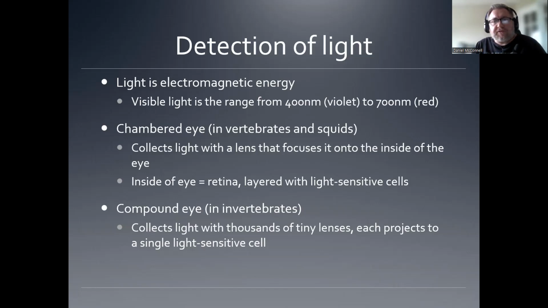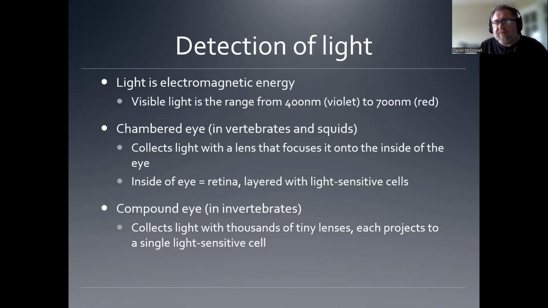Nature has, of course, also evolved many different solutions to light sensing. There are different kinds of eyes. For example, I have the simple version here of what most vertebrates have, which is called a chambered eye. Also, some non-vertebrates have it as well, like squids. This is an example of what's called convergent evolution, that two different unrelated lines of evolution converge to the same solution to a problem.